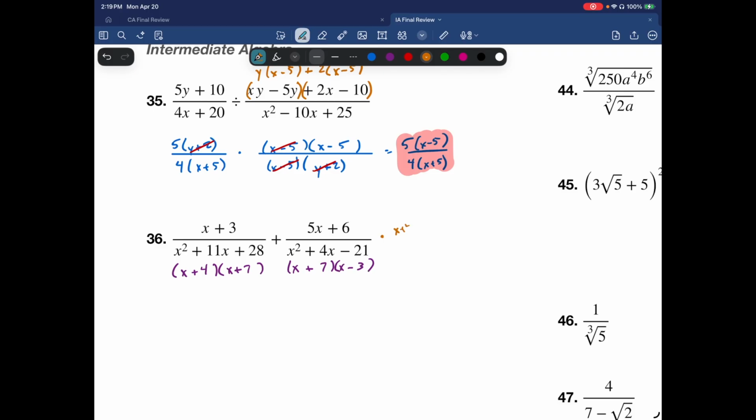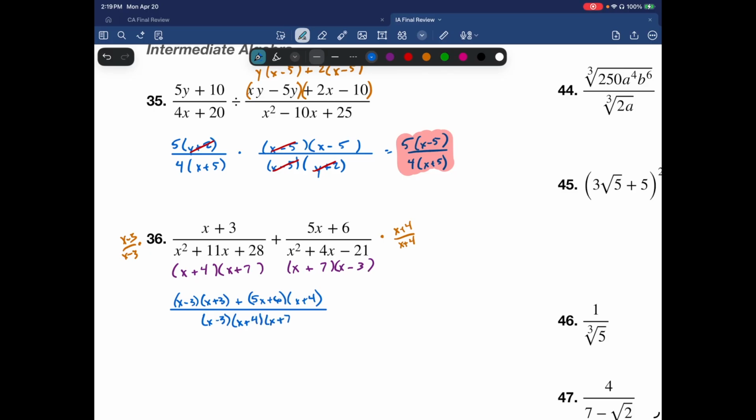Whatever you do to the top, you do to the bottom. And on the left, I need an x minus 3. All right, so that's going to be x minus 3 times x plus 3, plus 5x plus 6 times x plus 4, all over my new denominator that has all 3 parts, x minus 3, x plus 4, x plus 7.